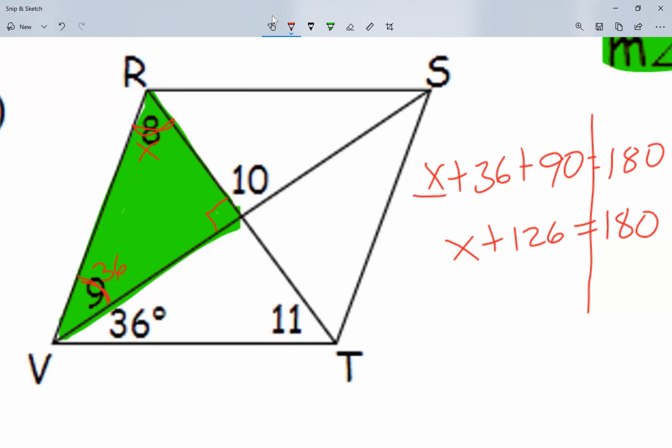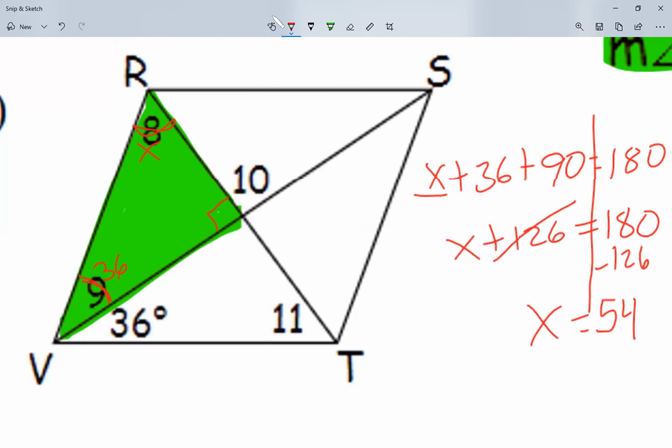To get the x by itself, the plus 126, let me move it to the other side as a minus 126. So I have x equals 180 minus 126, which is equal to 54. So the angle that I was solving for is 54.